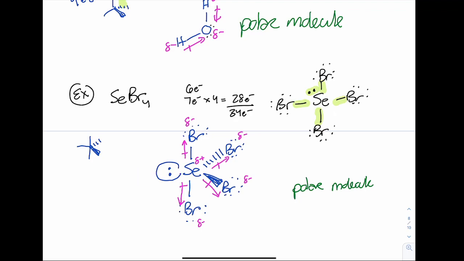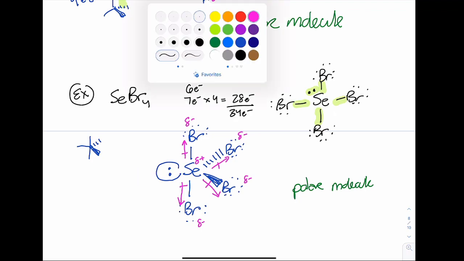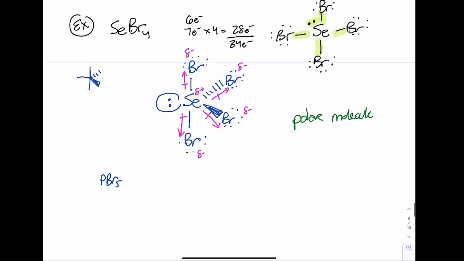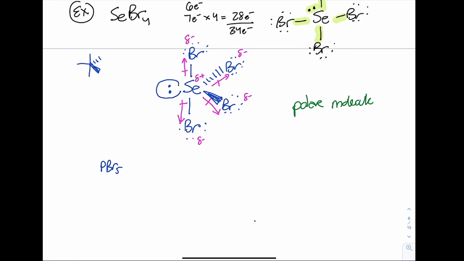If I was to draw, just kind of for comparison, PBr5, I have phosphorus in the middle, it's bonded to 5 bromine, no lone pairs on phosphorus, 3 lone pairs on each bromine, so it's going to be the same trigonal bipyramidal shape. But this time, I'm actually going to have a bromine in all of my positions and no lone pairs.